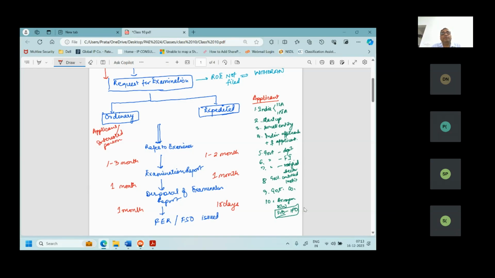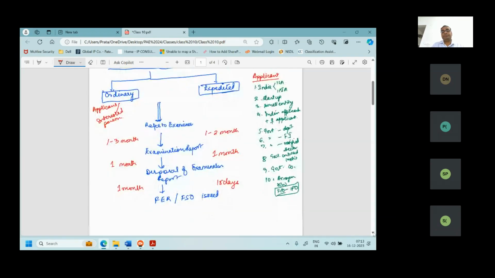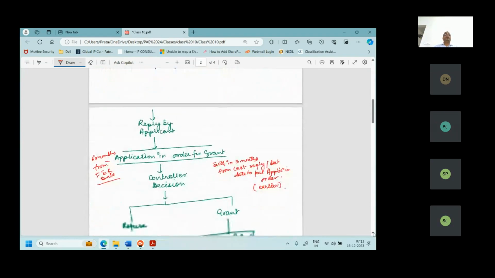After that, the FER is issued, or first statement of objection or first examination report, whatever you call it. In ordinary examination, it takes 1 month from the date of disposal of the examination report to issue an FER, while in expedited, it is 15 days. After that, the applicant has to reply to the objection raised. Either you can amend and comply with the application, or you can further contest it.